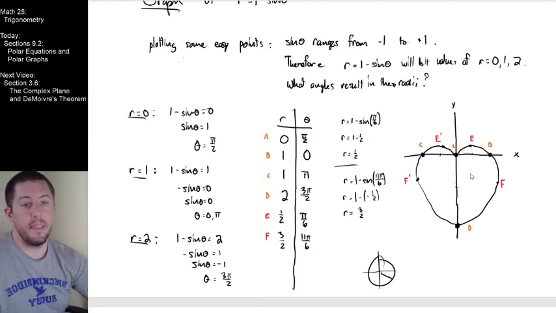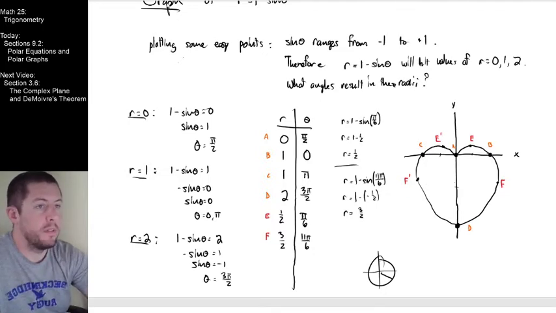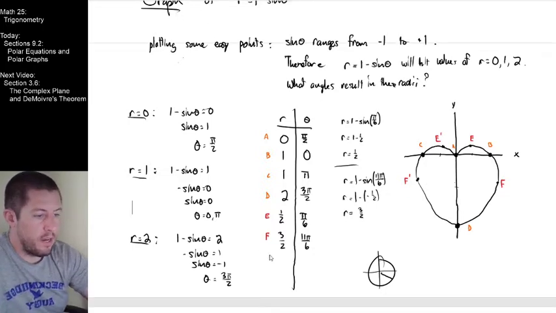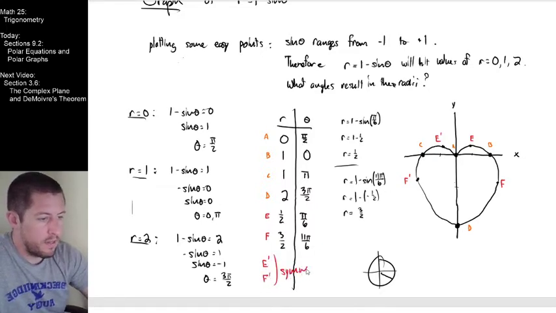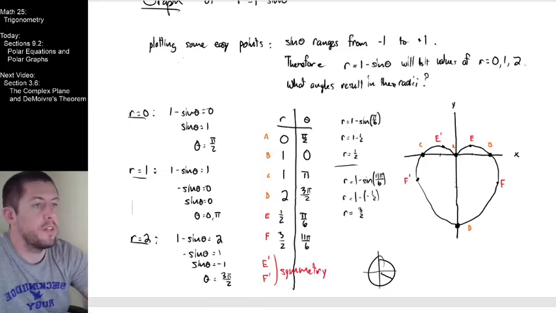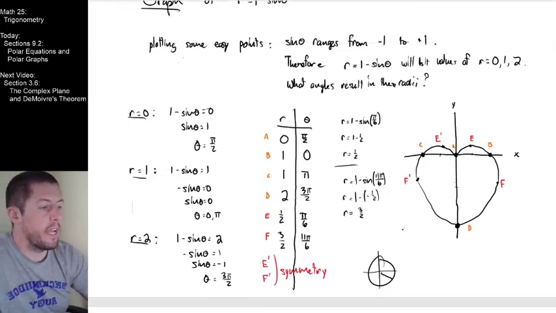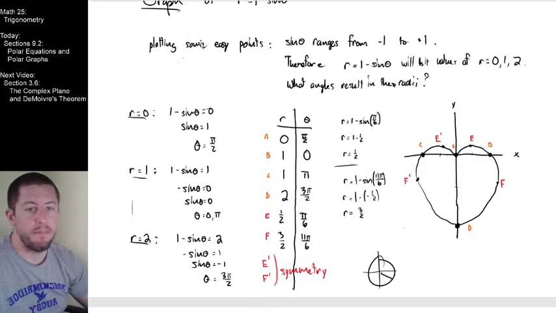I feel like I'm getting some sort of heart-shaped graph out there based on the points that we just drew. And I want to comment over here, E prime and F prime, symmetric. Symmetry right there. So I feel like we're getting this vaguely heart-shaped graph right here.